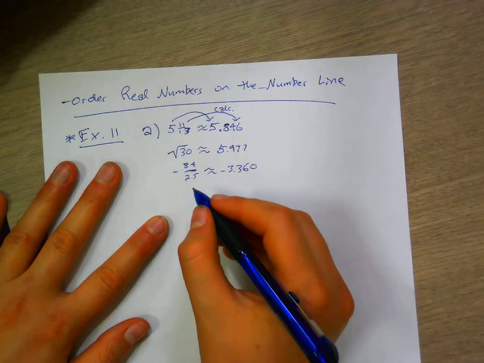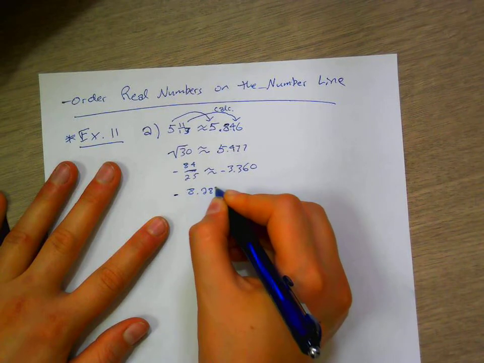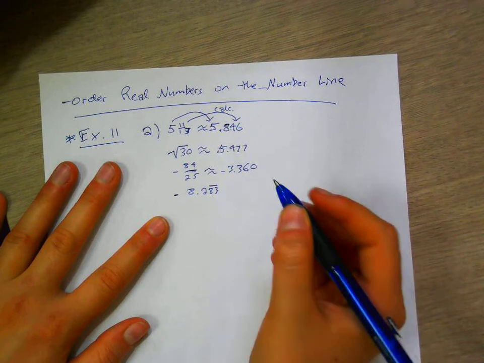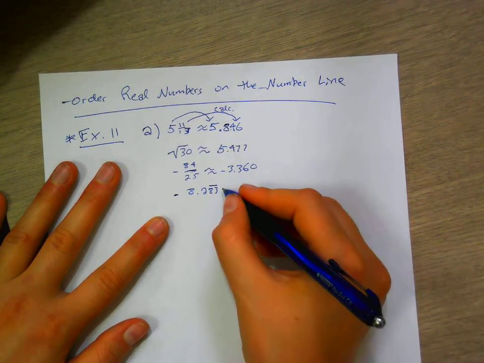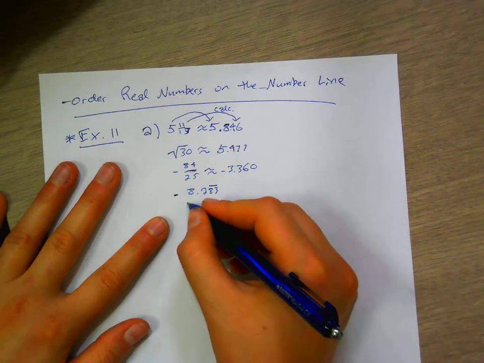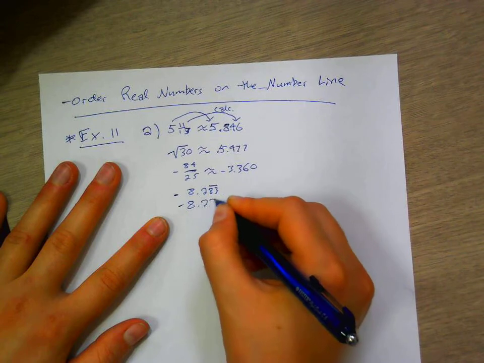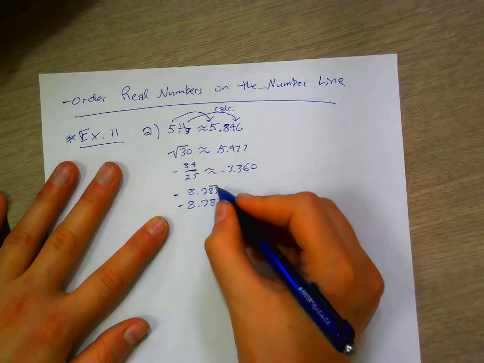The next one it already gives us as decimal, negative 8.283, with the 83 only repeating. And that would be estimated because after 8.2, if you write it out long ways, it would be 8.2838383. We want to estimate 3 decimal places.